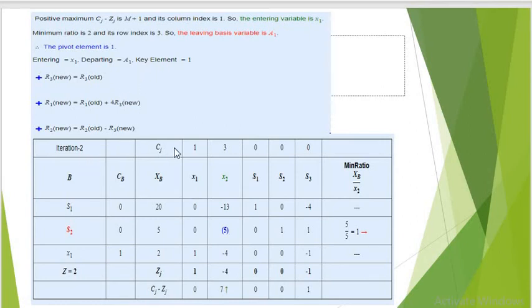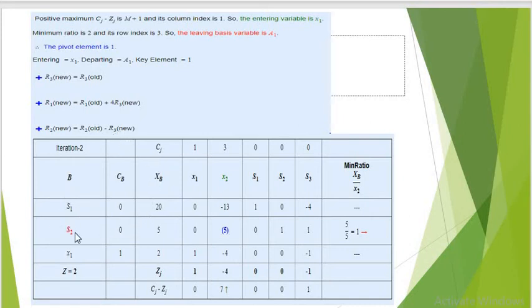Now we have to form the next iteration table. To form the next table, we have to make all other elements in that pivot column 0. For that, we use elementary row operations: new R3 equal to old R3, new R1 equal to old R1 plus 4 times new R3, and new R2 equal to old R2 minus new R3.